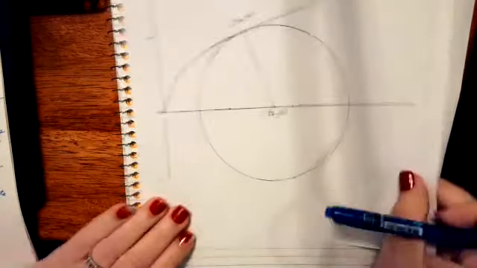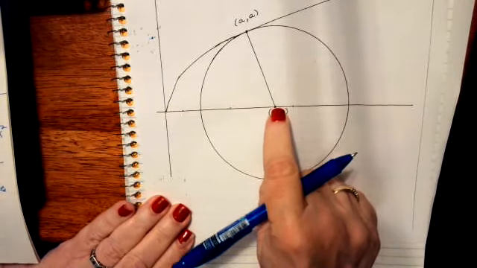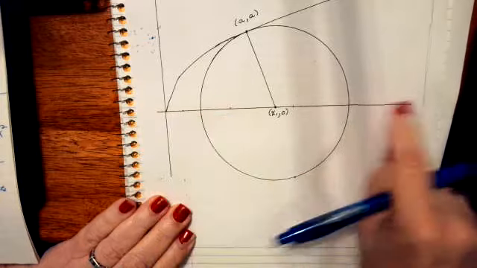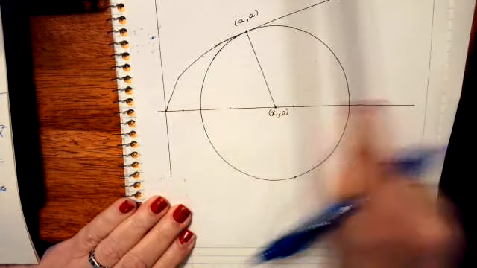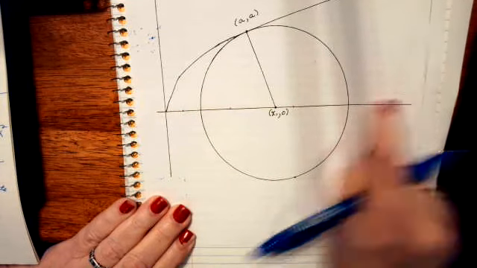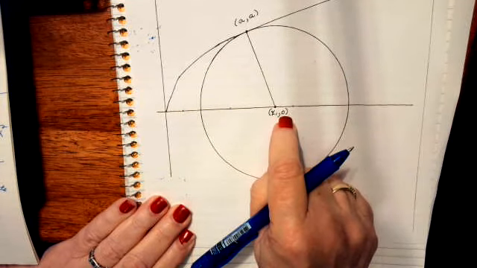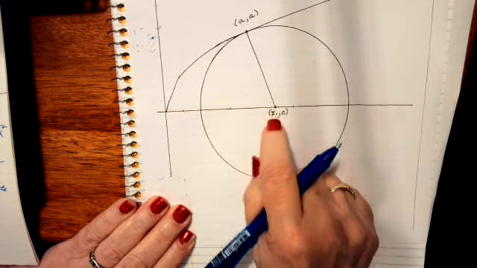Okay, so here we go. First of all, the center of the circle is going to be on, because of symmetry, the x-axis. So the y coordinate of the point is 0, which means I really only have to find the x coordinate. That's good.